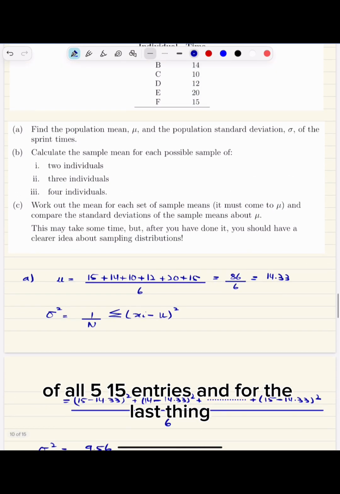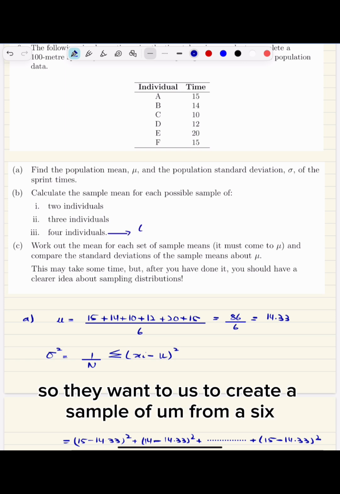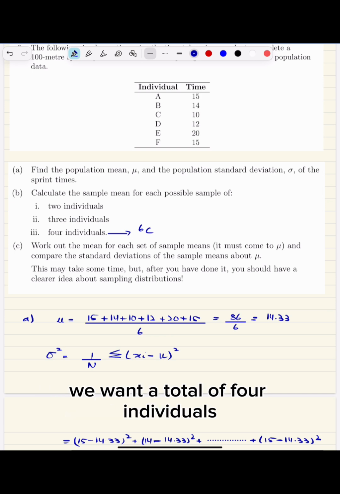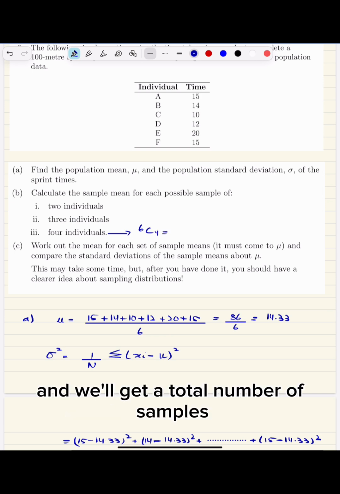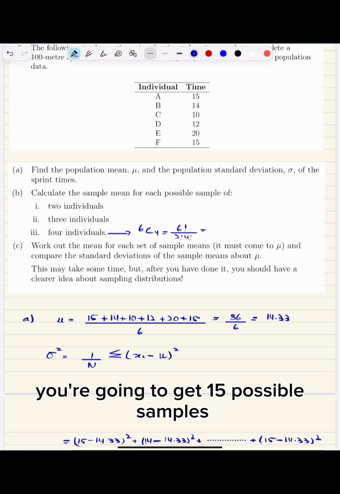And for the last thing, they want us to take 4 individuals. So they want us to create a sample from 6, we want a total of 4 individuals, and we'll get a total number of samples. Let's see, when we make this calculation, you're going to get 15 possible samples.